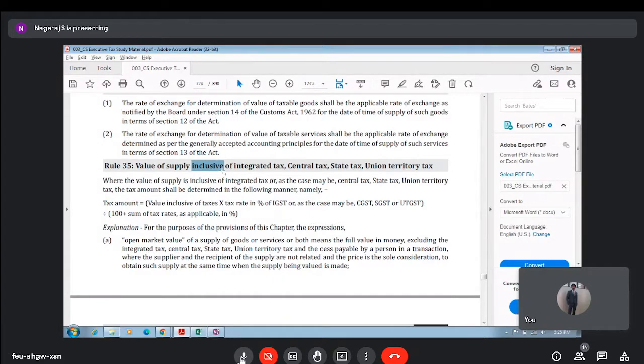How to exclude that GST amount? The tax amount will be the value they have given, including the GST, multiplied by the GST rate, divided by 100 plus GST rate. Understood or not?